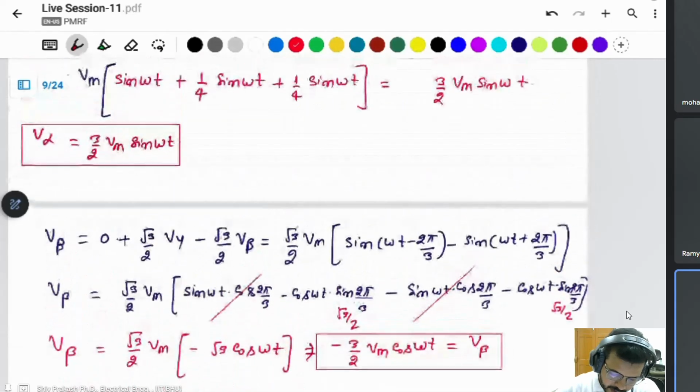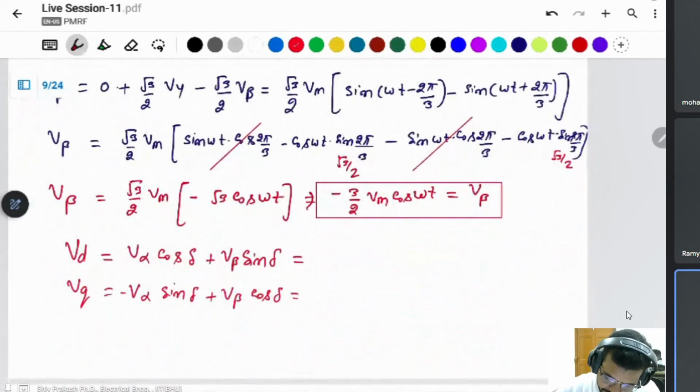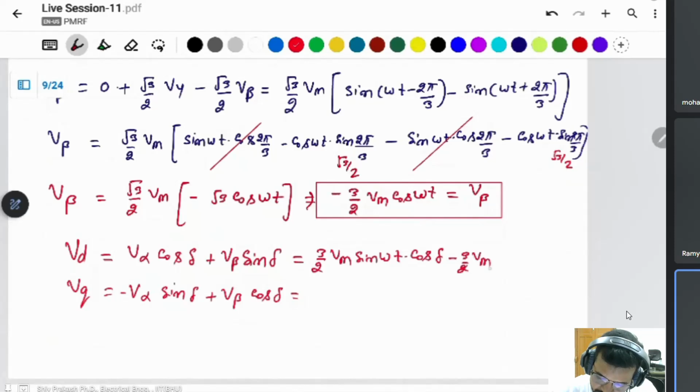And V alpha is 3 by 2 Vm sin omega t, so 3 by 2 Vm sin omega t into cos delta plus V beta. Beta is minus, so take minus 3 by 2 Vm cos omega t into sin delta.